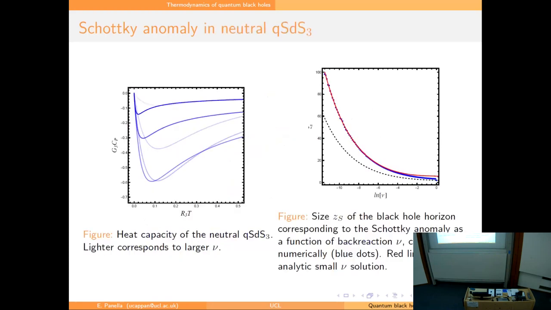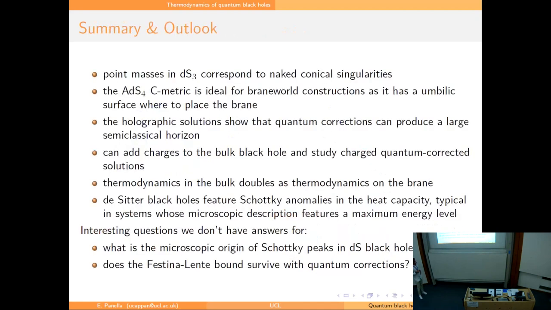So this is the heat capacity of our quantum black hole solution, and it does have this Schottky peak, and as we vary the back reaction, the position of the peak changes, where this ZS is basically the size of the horizon for the black hole for which the Schottky peak happens. The red line is just an analytic approximation, blue is numerically actually finding where this Schottky peak is. And that's pretty much it.